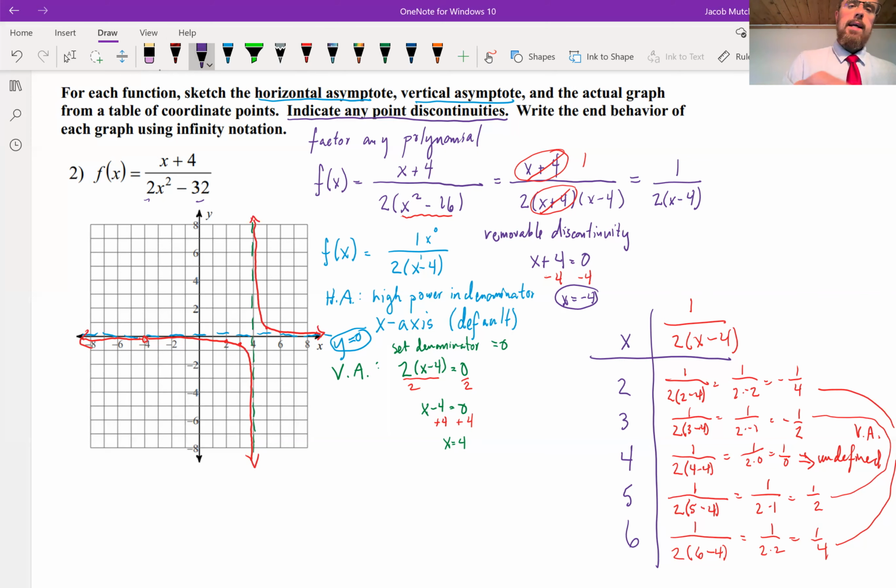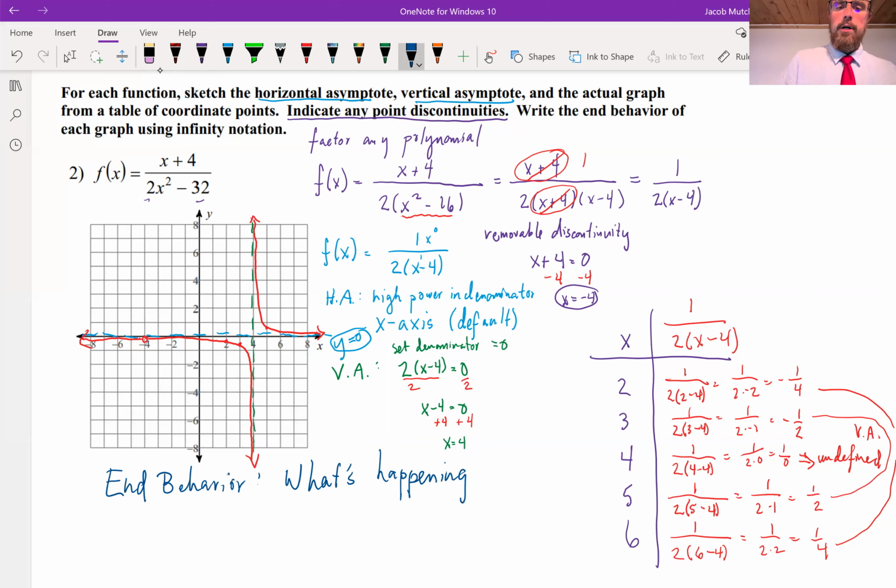Our last task here is to record the end behavior. So remember, our usual question for end behavior is what's happening to y? And it's really at the extreme left and right of the graph, what's happening to y.